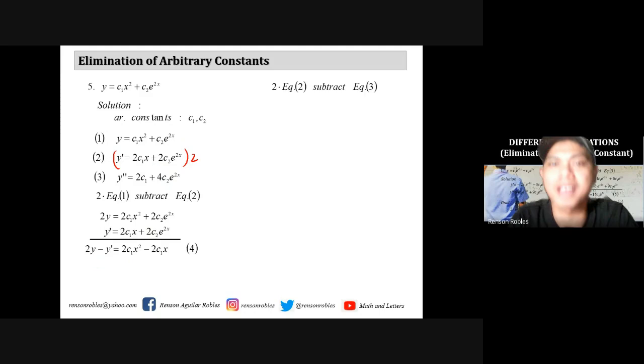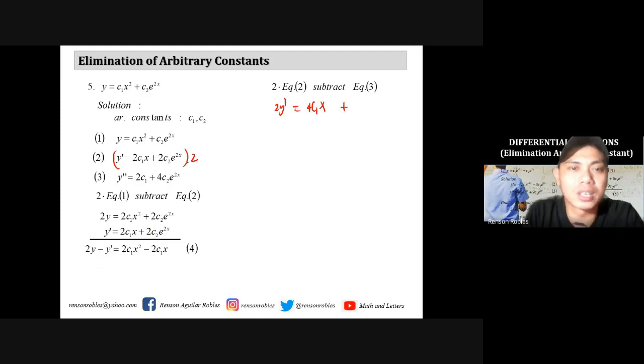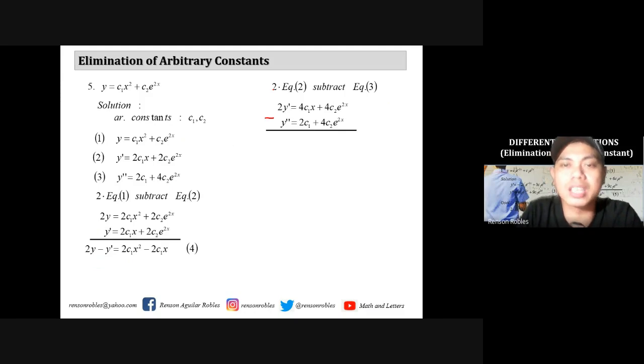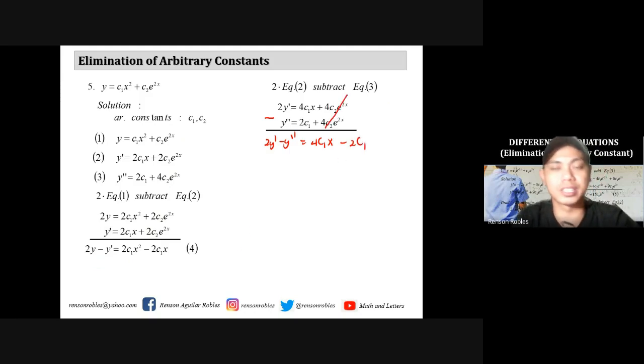So multiplying 2, so you have 2y prime equals 2 times 2c1x is 4c1x plus 2 times 2c2 e to the 2x is 4c2 e to the 2x. And we have this. And then we shall copy equation 3 and then we shall subtract. Subtracting the two equations, so you have 2y prime minus y double prime, then equals 4c1x minus 2c1, and then this will now become 0. Okay, so we shall now have this.